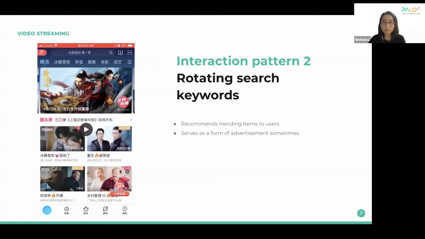Most of the time, they will have the search icon. When you click on it, it expands and you can key in your search keywords. Even when they have some text over there, it's usually just the default help text. For this pattern, I find it quite interesting because it keeps the user informed on the hot topics without being overly intrusive. And sometimes it can also serve as a form of advertisement.